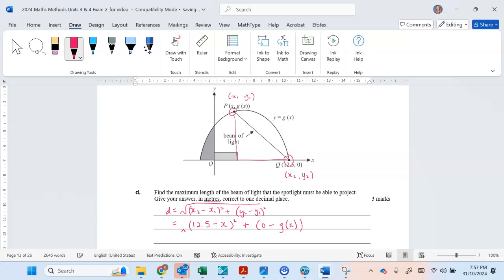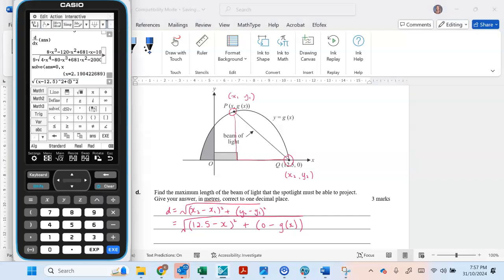We can just leave it as g of x. Now, you can do it on the calculator. I'm going to clear all that because that was all wrong. That's our distance formula, so let's put it into the calculator.